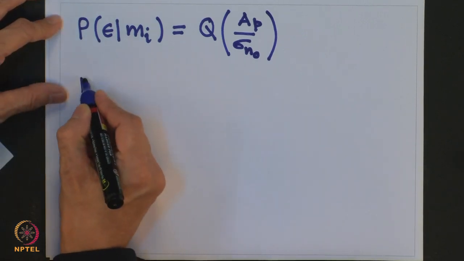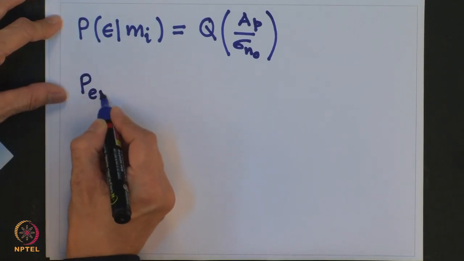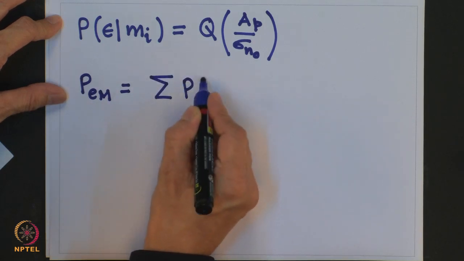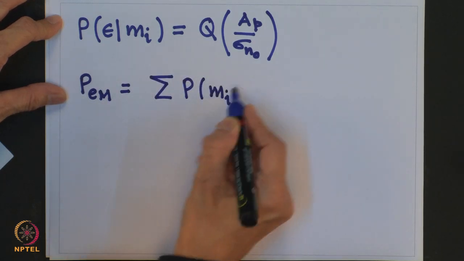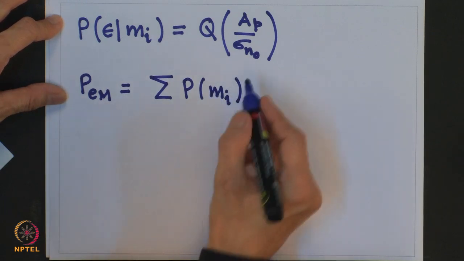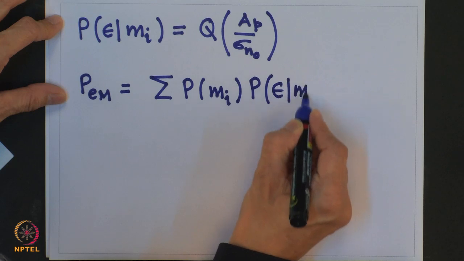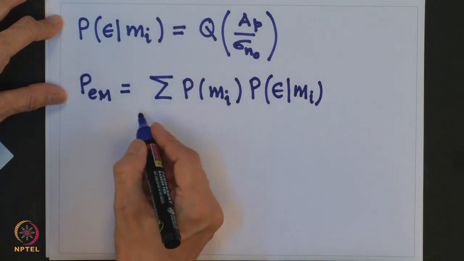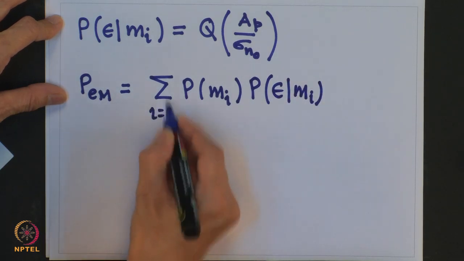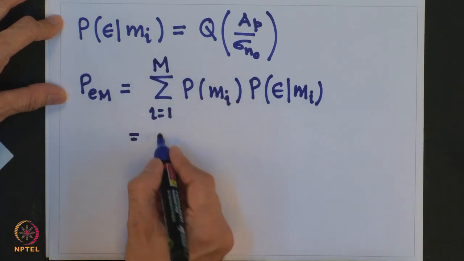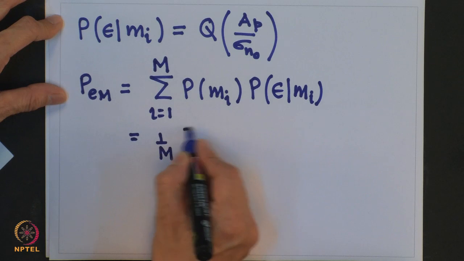So, this would be equal to the probability of transmitting a particular message multiplied by the conditional probability of the error for that message, with i from 1 to capital M. This is equal to 1 by M.